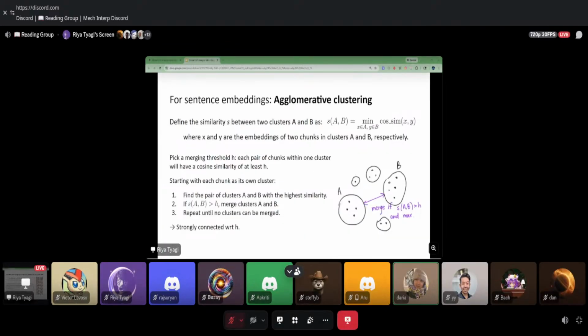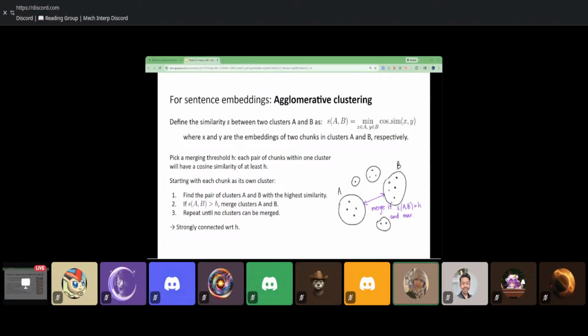I'll just say what the idea here is. You start with each chunk in its own cluster, which is semantically useful. Then you find a pair of clusters such that they're as similar to each other as possible.